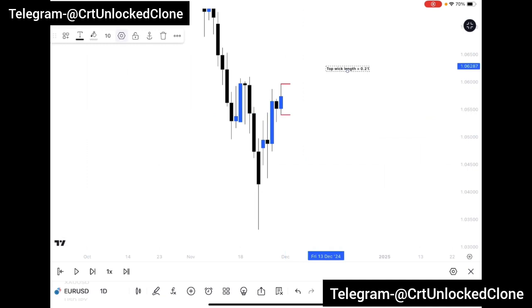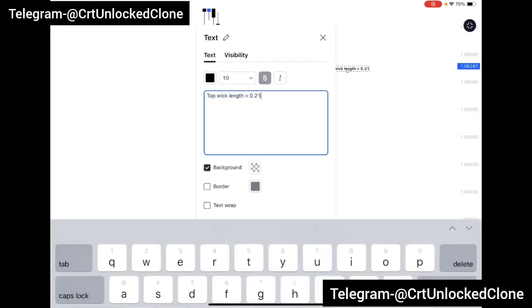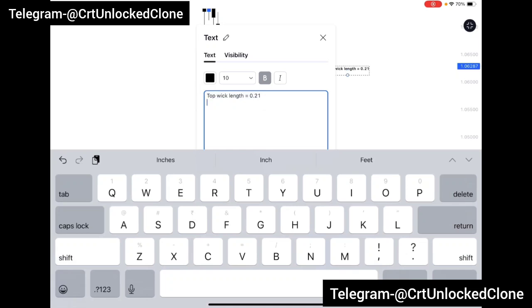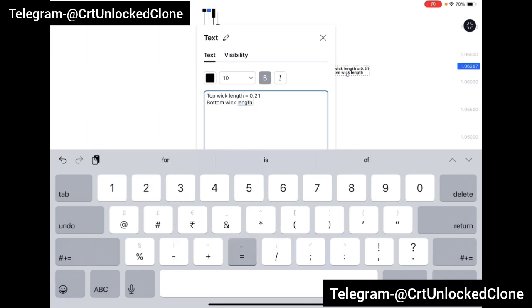So now I will write it. Bottom wick length is equal to 0.10.